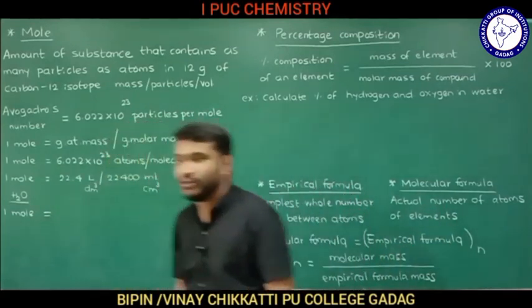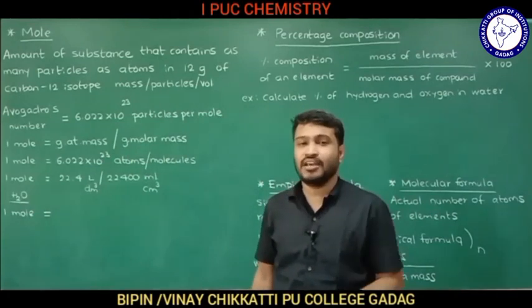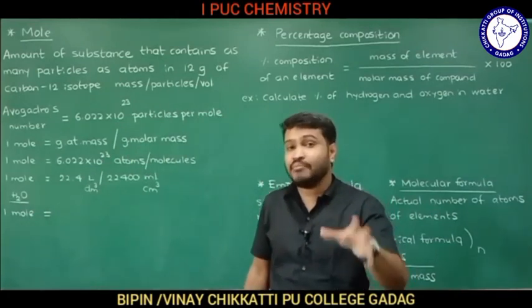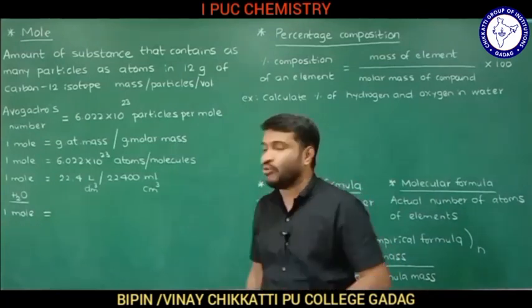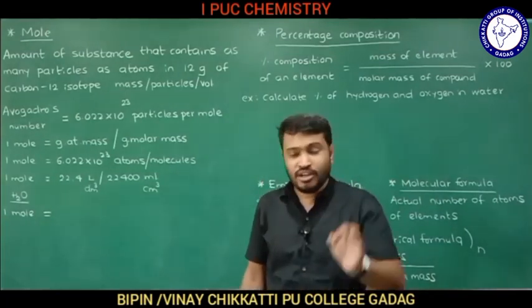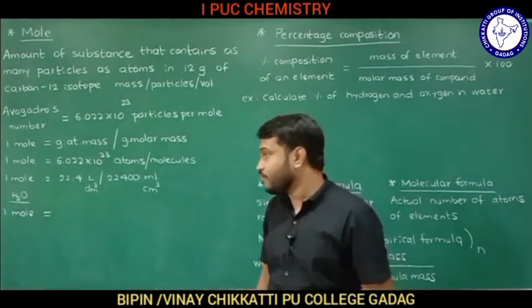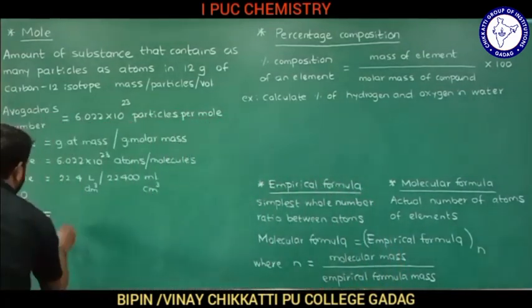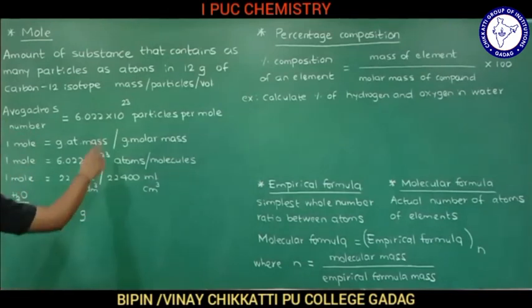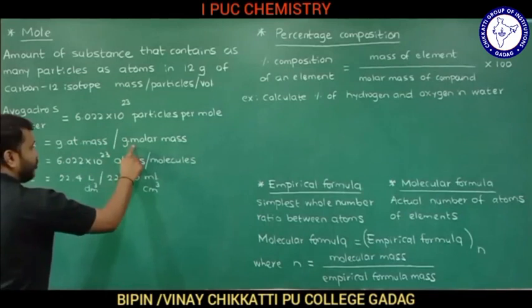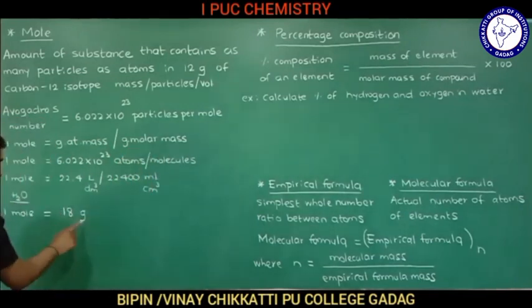Since H2O is a compound, a molecule, you need to consider gram molecular mass or gram molar mass. What is the molecular mass or molar mass of water? We calculated that, and I hope you remember it is 18. So 18 grams I am going to write here. I have not considered atomic mass because this is not an atom, this is a compound. Therefore I considered gram molecular mass, 18 grams.